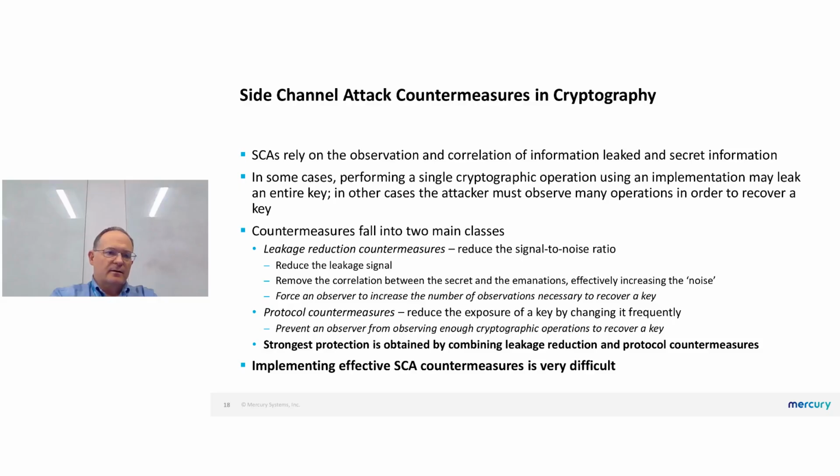So what do we do about this? There are really two main classes of countermeasures we like to talk about. The first is leakage reduction countermeasures, which effectively reduce the signal to noise ratio of whatever the adversary is observing. And typically in electronic systems, that's going to be EM or power.